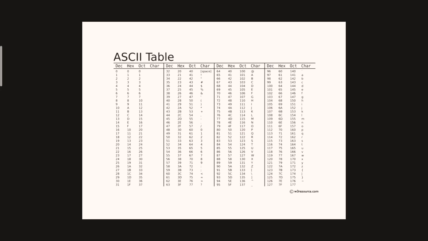So this is the ASCII table. We already know there are different kinds of number systems like decimal, hexadecimal and octal. Each of the ASCII code values, whether for an alphabet in capital or small case, digits or special characters, has its own decimal, hexadecimal and octal code.